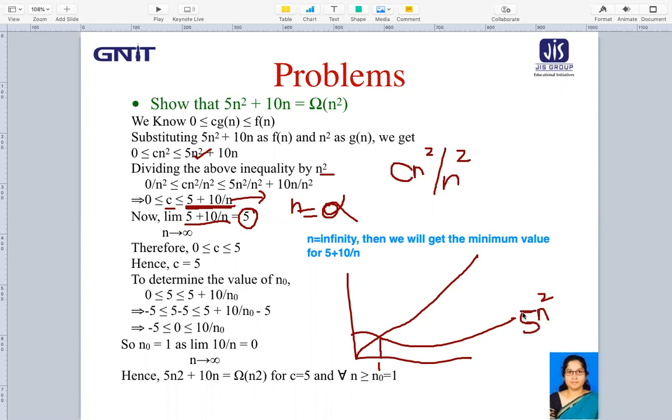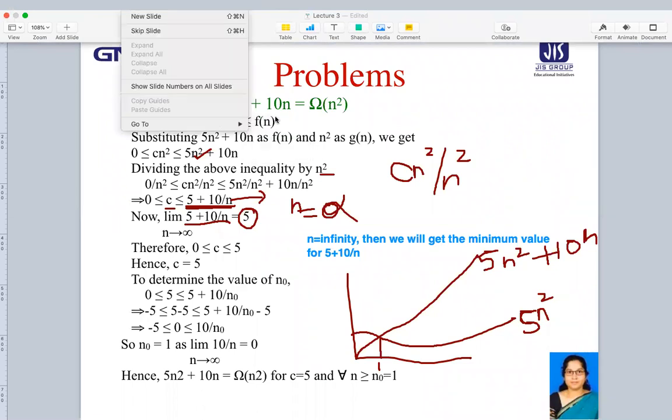So this is 5 of n square, and this is going to be 5 n square plus 10n. So you can see for any value of n beyond n0 equals 1, this is going to hold. So this is how we can solve the omega notations.